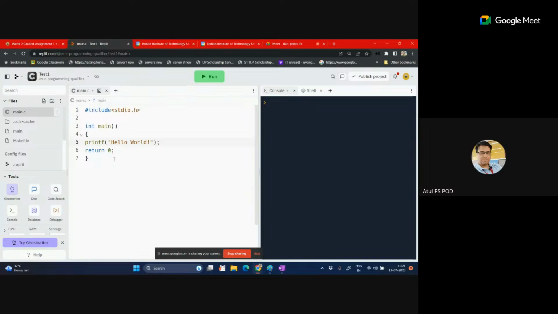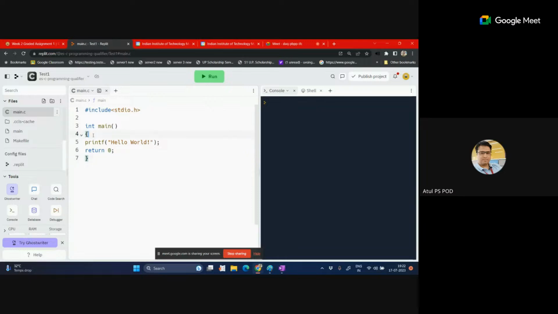We can also write different functions and assign names, but we will discuss that part later in the upcoming weeks. For now, this main function is what we need to write in each program. The brackets are the main part of C programming.